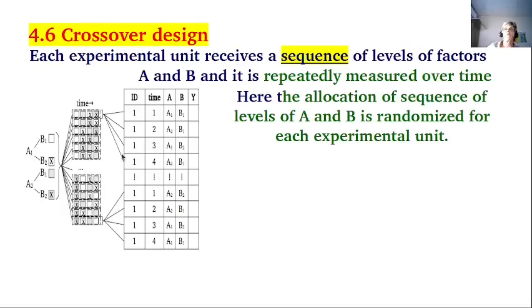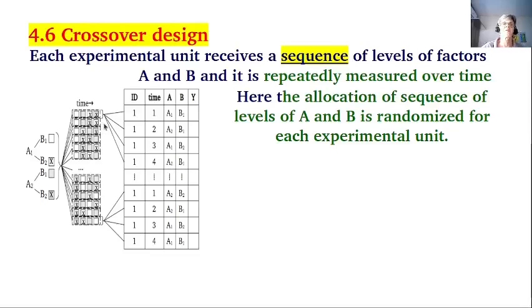Here, the allocation of the sequence of levels of factors A and B is randomized for each experimental unit. It means that for this first experimental unit, we applied the combination A1 and B1, and then A2 and B1, and then A1 and B2, and then A2 and B2. But for the next experimental unit, we applied another sequence.